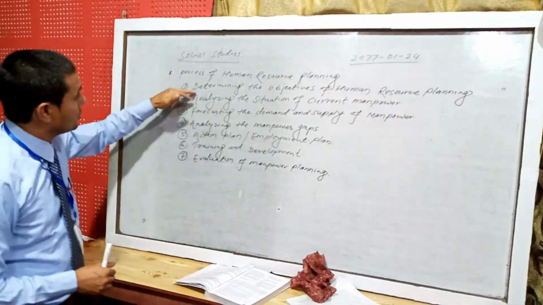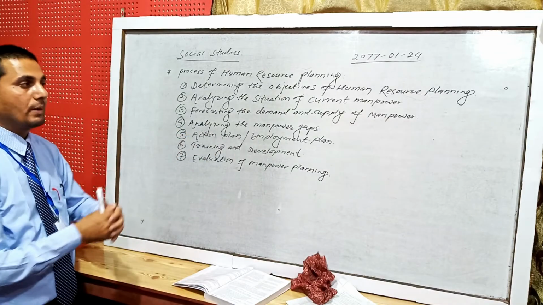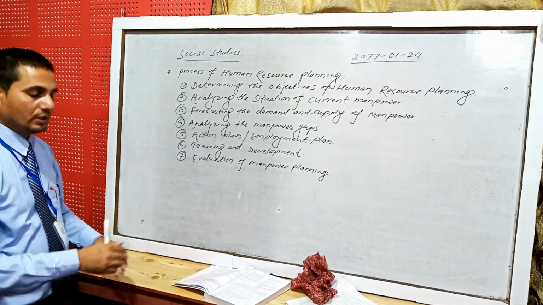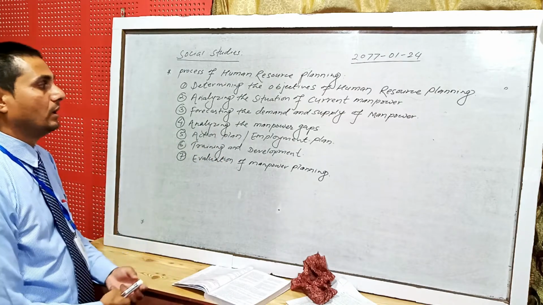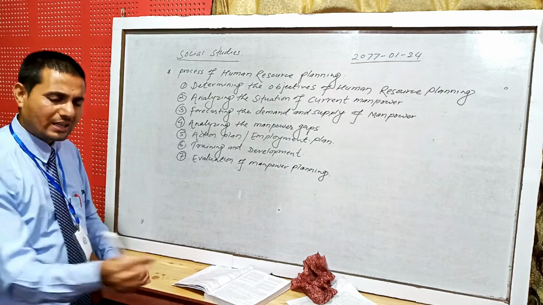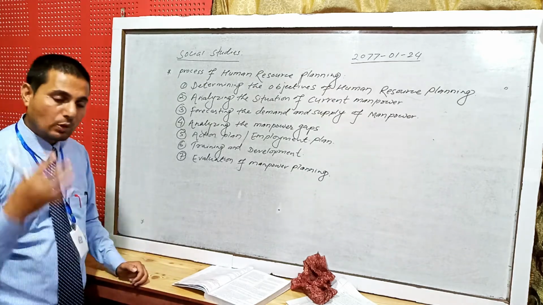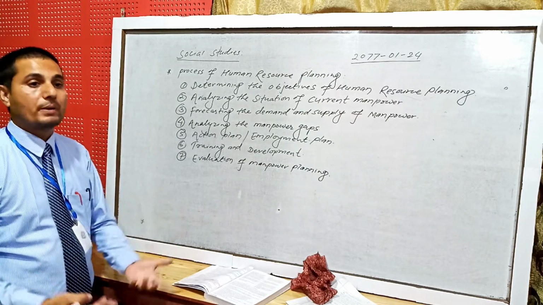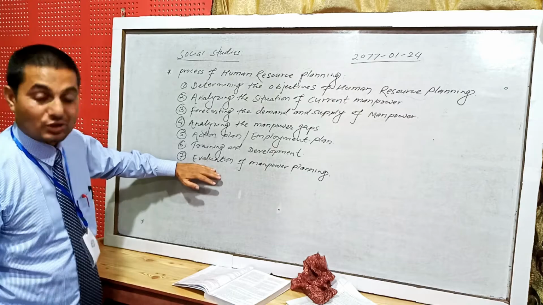First determining the objective, analyzing the current manpower situation, forecasting the demand and supply of the manpower, analysis of manpower gapping, action plan or the employment plan, training and development, and finally the last step of the human resource planning.